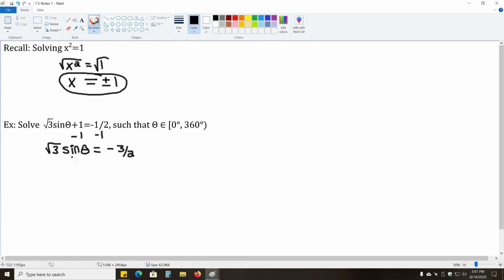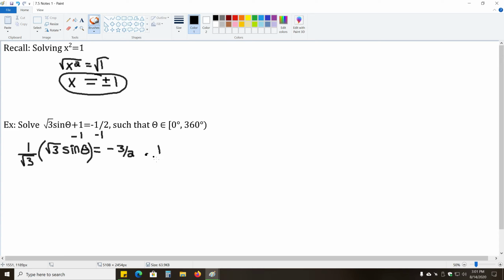And now from here, we want to get sine of theta alone, and we can do that one of two ways. We could divide each side by the square root of 3, or very similarly, we could multiply each side by 1 over the square root of 3.